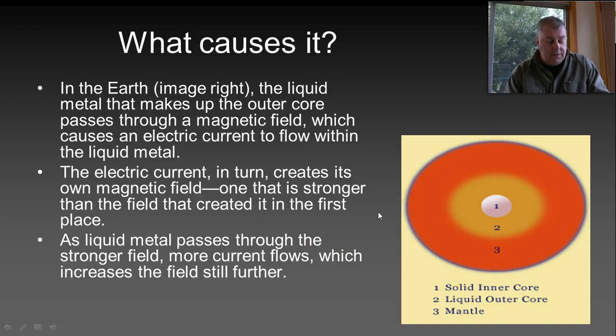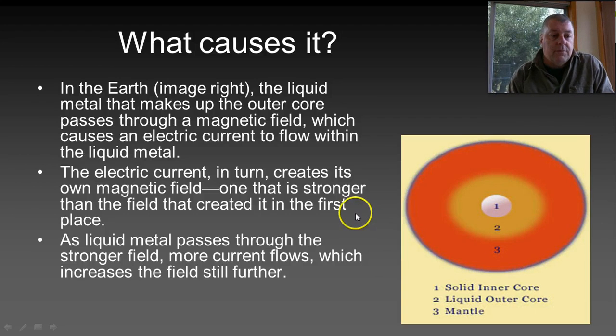So it's a very complicated process, but basically it's because this is swirling around. Why is this swirling around? Well, because of the heat convection, basically, but also because the Earth is rotating, and there's frictional drag between the rotation rate at the outside and the rotation rate on the inside, and that is the Coriolis effect.